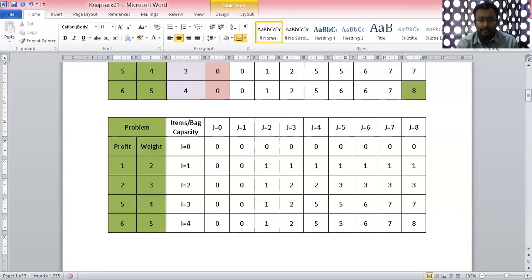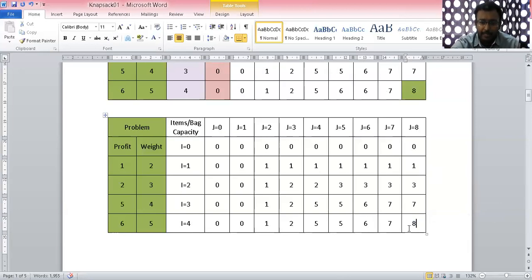Now, the next step: I have to decide which items I have selected to make my profit 8. So out of these four items, which items have I selected to make my profit 8?